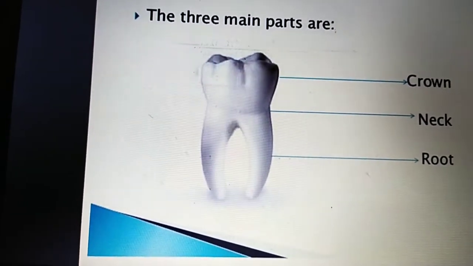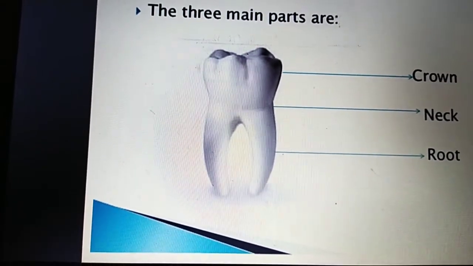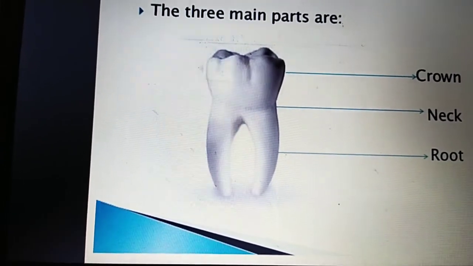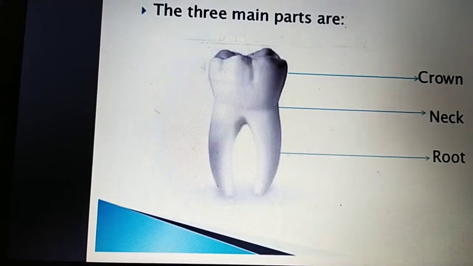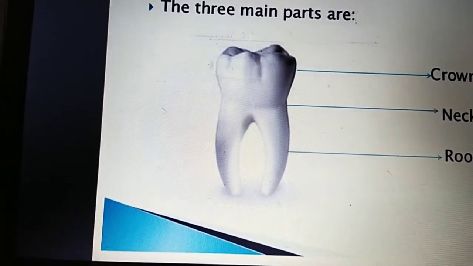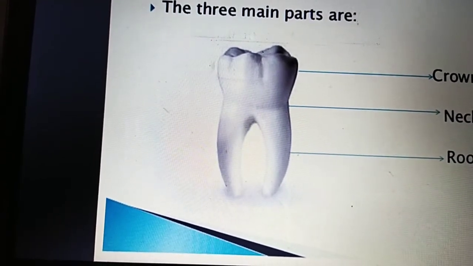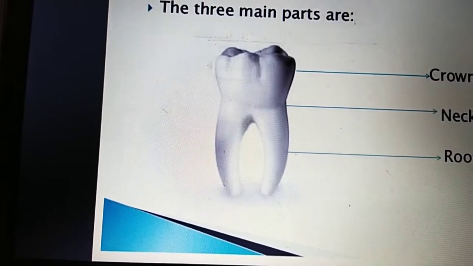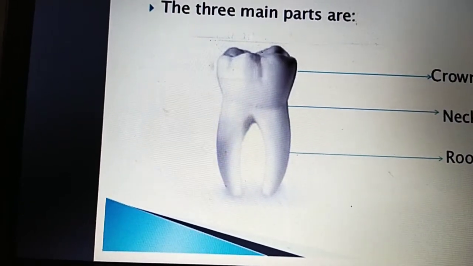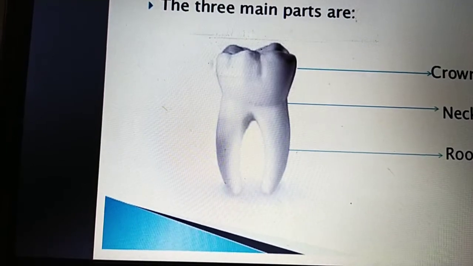The crown is also divided into two parts: the anatomical crown and the clinical crown. The clinical crown is exposed to the oral cavity. The anatomical crown is the area that is usually covered by the enamel.